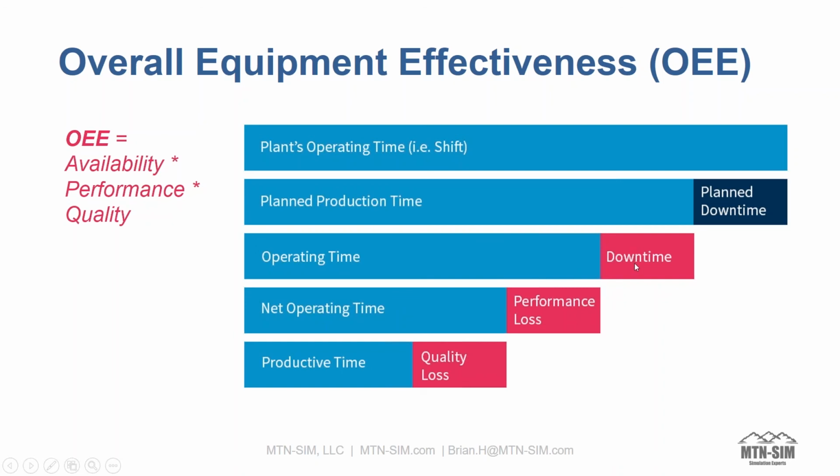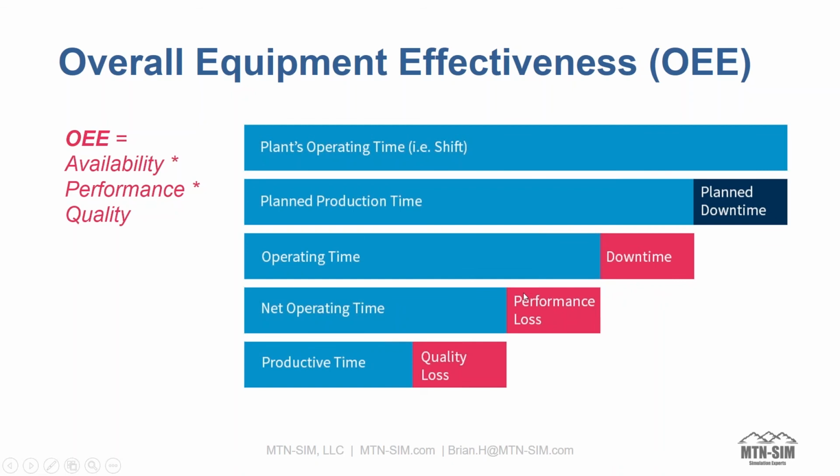Overall equipment effectiveness. This is a pretty key metric in the sense that it does pick up our availability, our performance, and our quality. So when we're looking at overall equipment effectiveness, we're basically looking at the overall operating time. So this shows us the full window of time that is potentially there for us to build units.